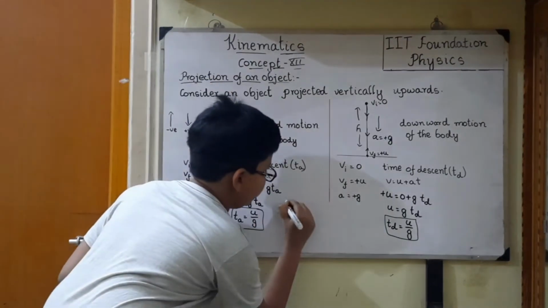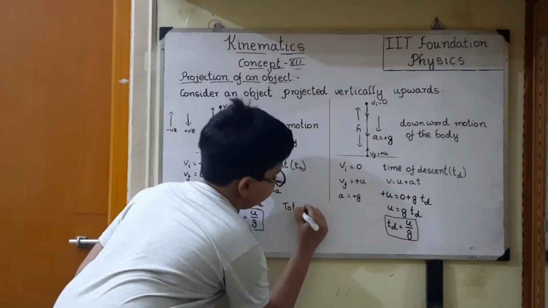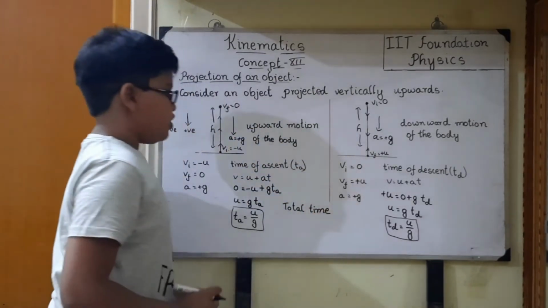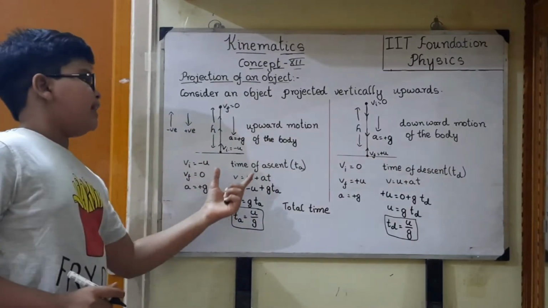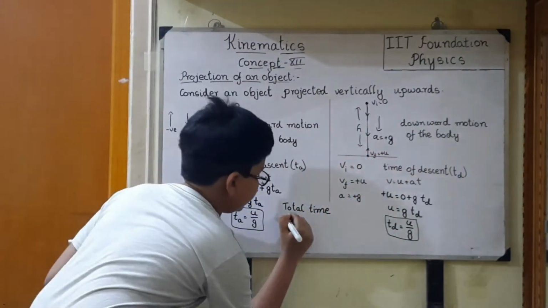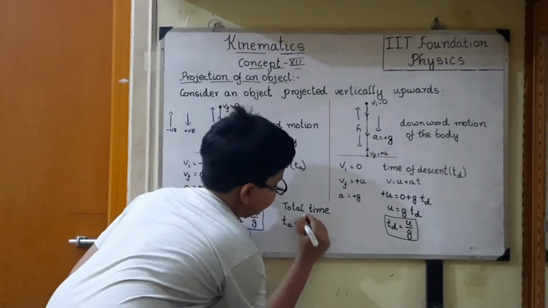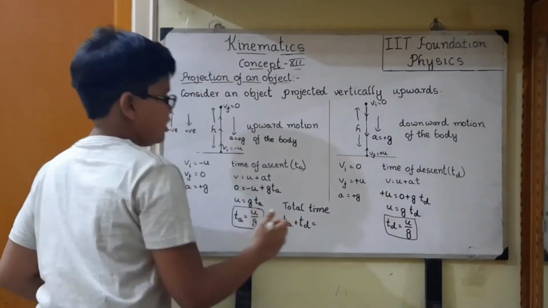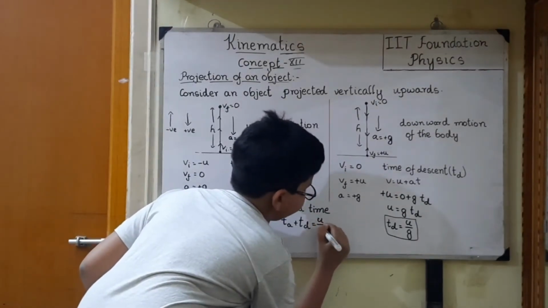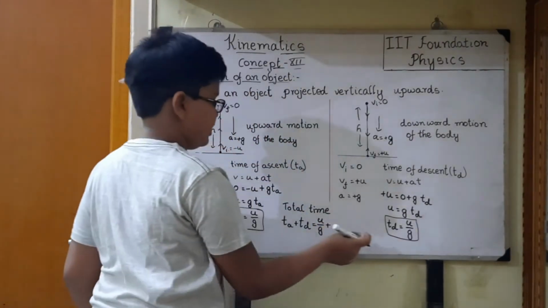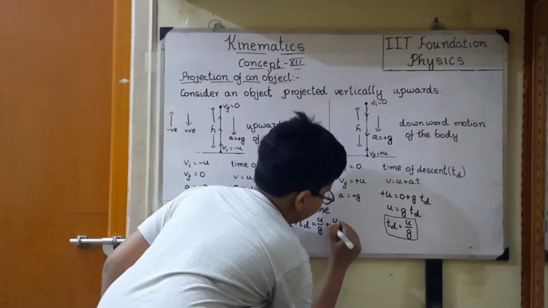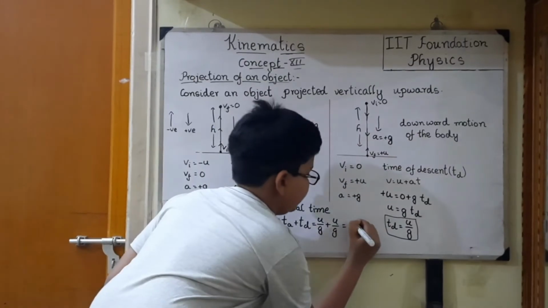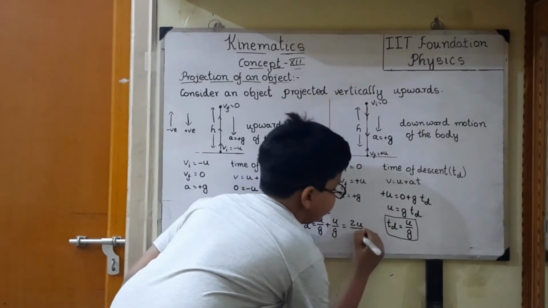Total time is nothing but time of ascent plus time of descent. So ta plus td, which is equal to u by g, the time of ascent, plus u by g, the time of descent, which is equal to 2u by g.